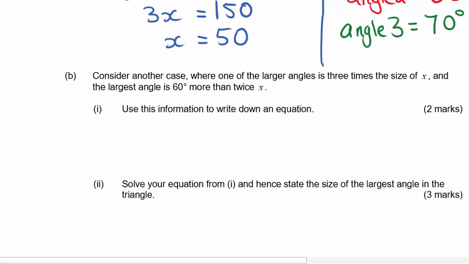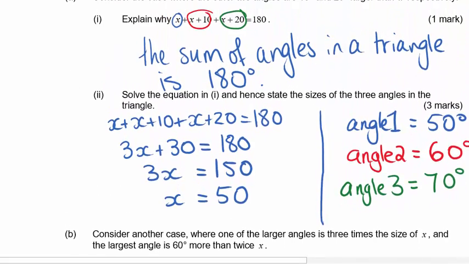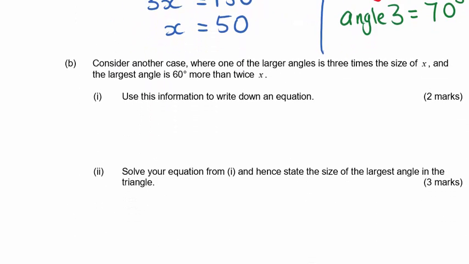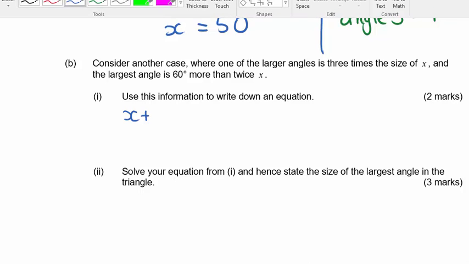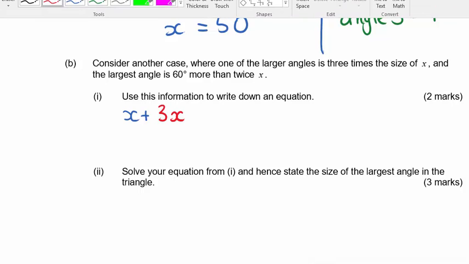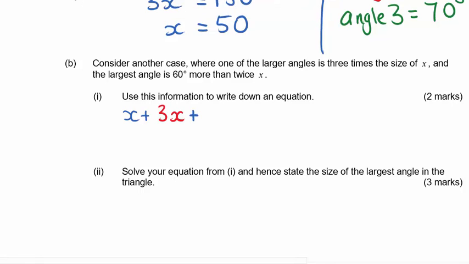So we're going to be writing a similar equation to the one that was given before. We know in the first instance that we're going to have x plus, then one of the larger angles is 3 times the size of x, so our next angle is 3x, plus our last angle, which is twice x and then an additional 60 after that.